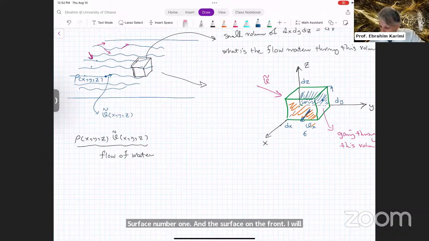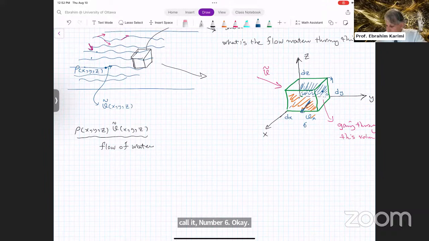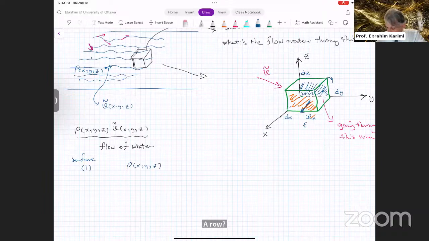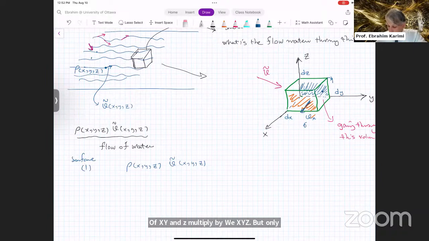Okay. So on the back side, on surface number 1, rho of x, y, and z multiplied by v of x, y, z, but which component is important for us? Only the x component, because the other components are orthogonal to the surface. So only the Vx part is playing a role. Then at the origin, because that's where the surface is located, multiplied by the surface area.